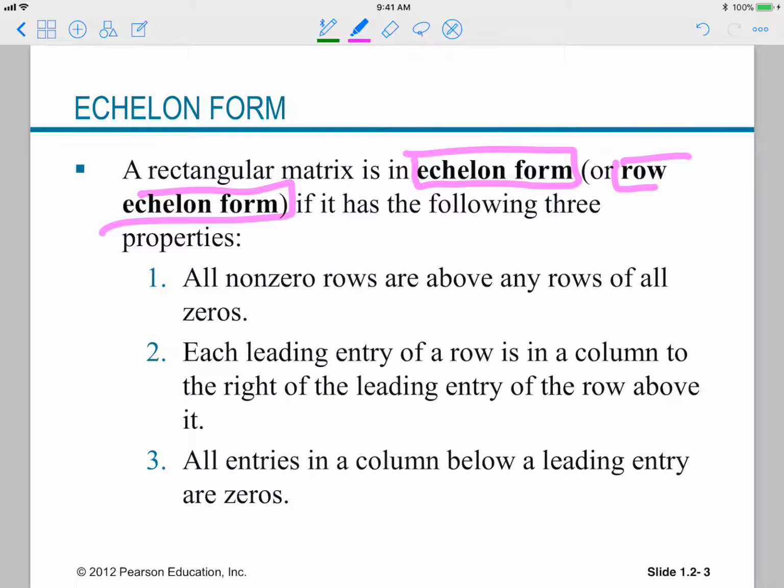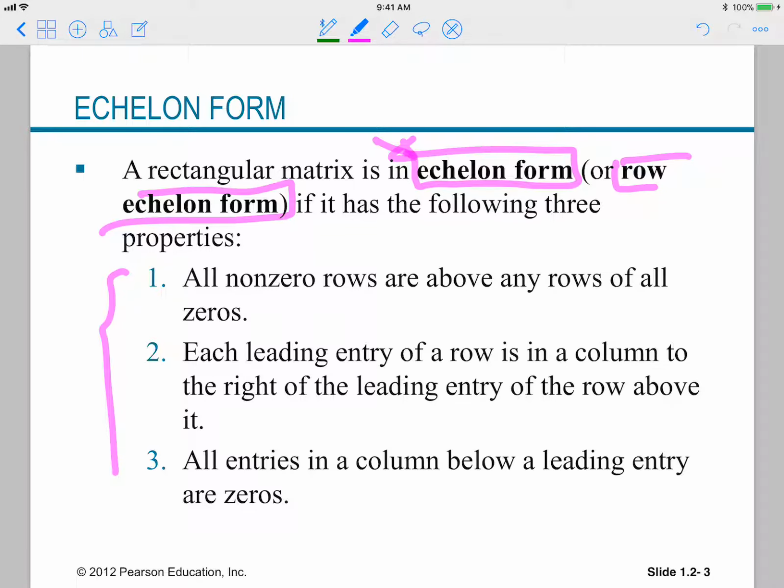This process can be systematically explained using these mathematically well-defined terms. For that purpose, we first study echelon form. Suppose you're given a particular matrix. If it is in echelon form, it has to satisfy certain conditions, and those conditions are these three.